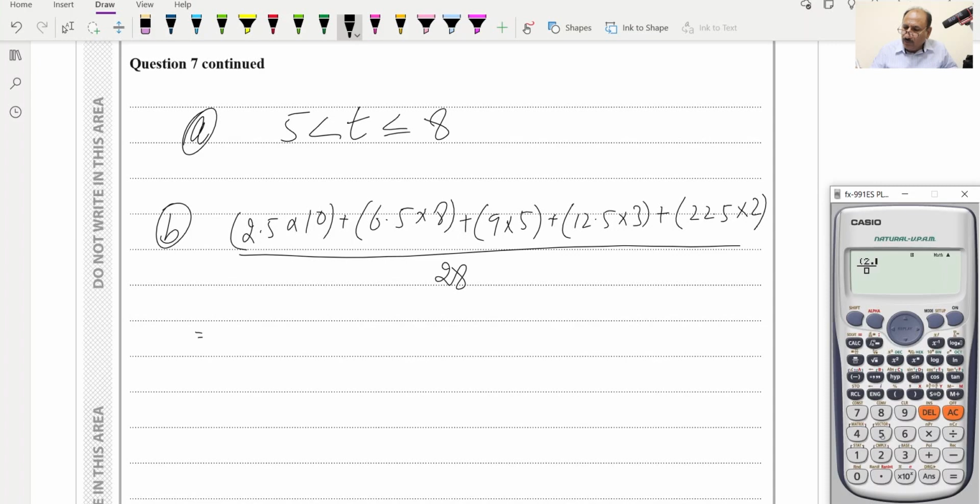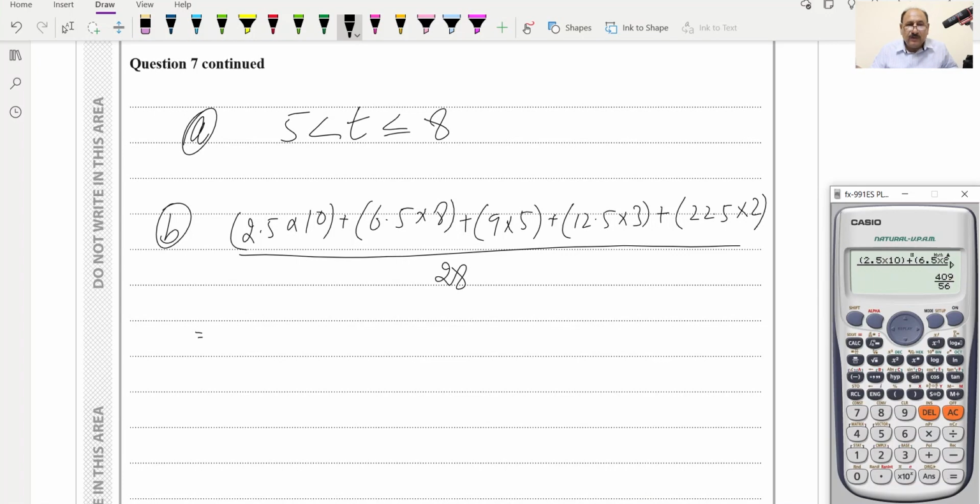We can write 2.5 into 10, bracket close, and then plus bracket 6.5 multiplied by 8, bracket close, plus next bracket 9 into 5, bracket close, plus next 12.5 into 3, bracket close, and plus next is 22.5 into 2, and divided by 28.